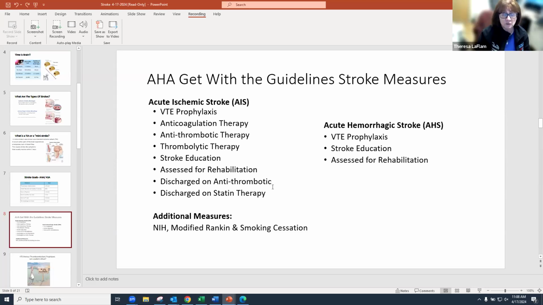We attach that to a machine, and it pumps up and down intermittently, on and off, which gives more of a massage effect, as opposed to the elastic stockings, which are on all the time. The elastic stockings don't work for us in the stroke world for this VTE prophylaxis. Only the pneumatic compression device, the intermittent compression device, the ICD boots.